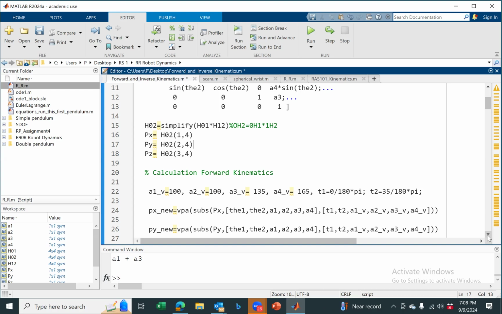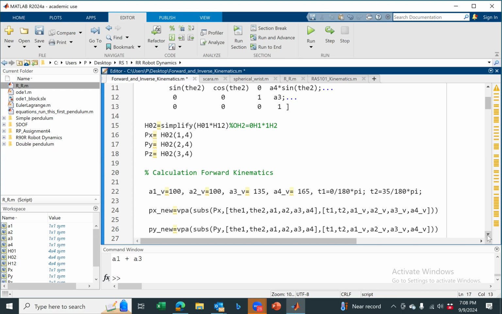Here, please note, this is a symbolic expression, which means Px is expressed in terms of symbols. I am substituting the symbols by the numerical values.